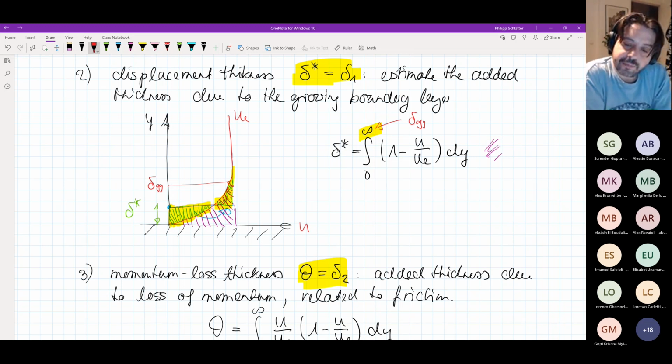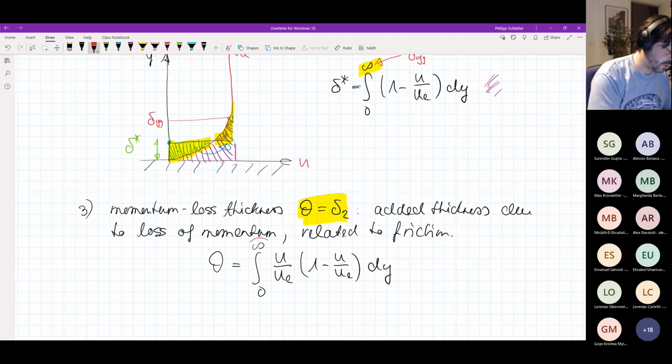So for practical purposes, you don't need to integrate to infinity because you know that everything under the integral is actually 0 then. You just need to go high enough, something on the order of delta 99, for instance. And of course, it's the same thing also in this case.